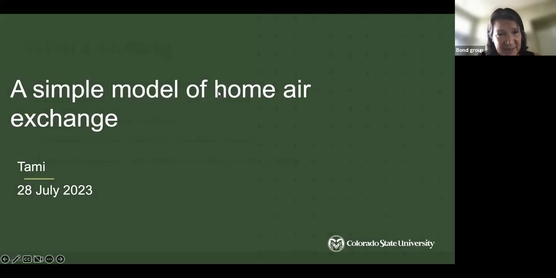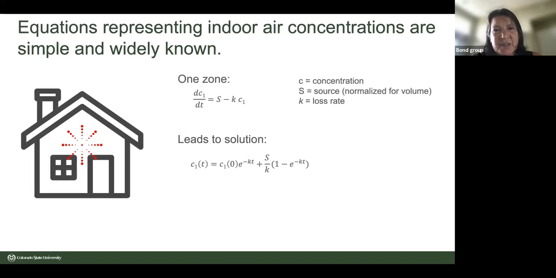Okay, so again, this is a simple model of home air exchange. This is not a new thing. There are many models, and people know how to model indoor air concentrations in the simplest case.